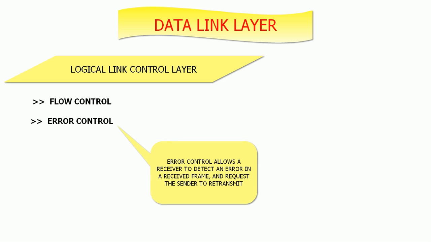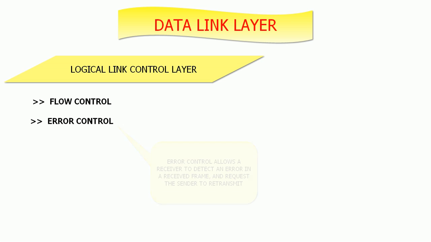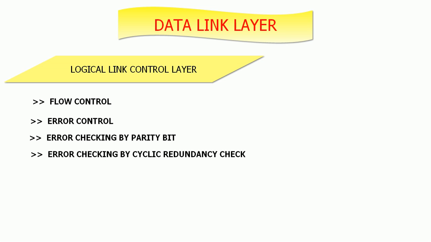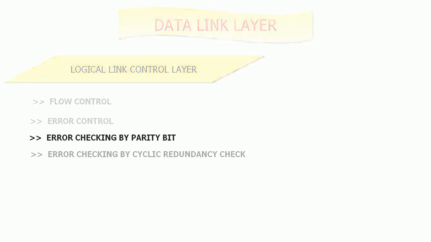By error control, I mean one PC tells the other that the data it was expecting to receive was not received and that it might want to retransmit the data again. Error checking is also done at this layer by a method called parity bits. It also uses an algorithm called CRC, that is cyclic redundancy check.